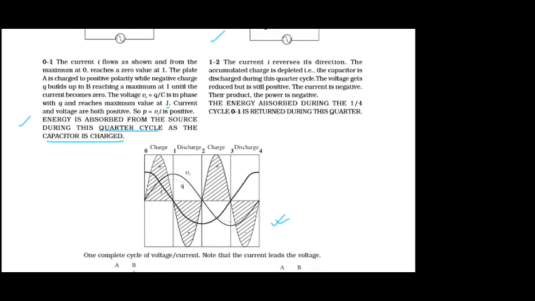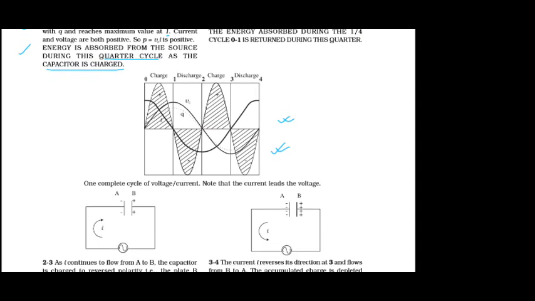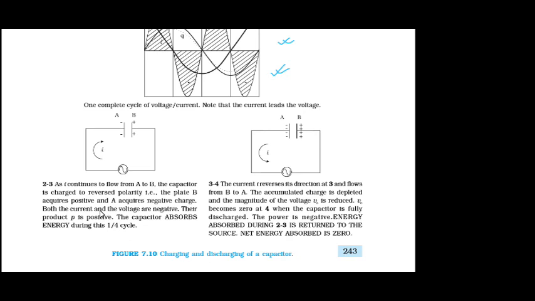We have seen different conditions graphically, each quarter cycle in the graph, as well as the explanation for it. So this is the first quarter cycle, this is the second quarter cycle, this is the third quarter cycle, and this is the fourth quarter cycle.